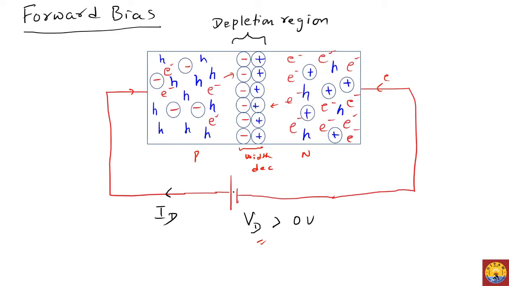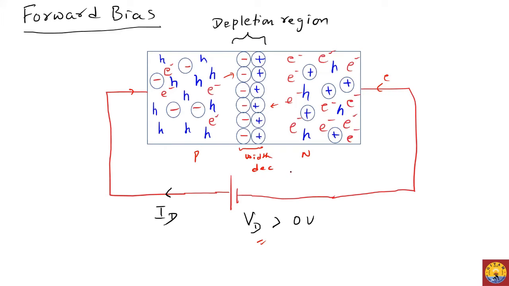Because of the positive potential. This positive plate pushes the holes towards the n-type, and electrons are pushed towards the p-type. They combine, resulting in the decrease of width of the depletion region. So in forward bias, we have current flowing across the diode.